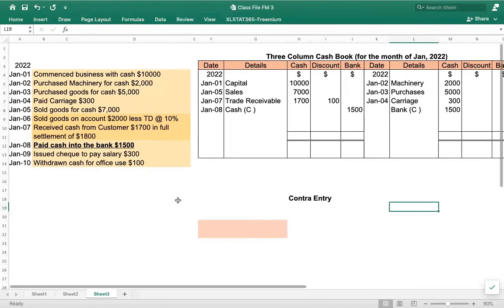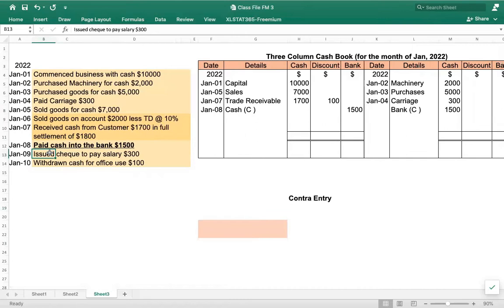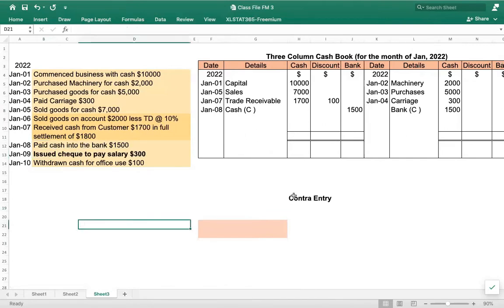Okay. Now read out the next transaction. Issued check to pay salary, 300. Now tell me, will cash balance decrease or bank balance decrease? Bank balance will decrease. Why? Because it says issued check. I am giving a check to my employee, so my bank account balance will decrease, right?